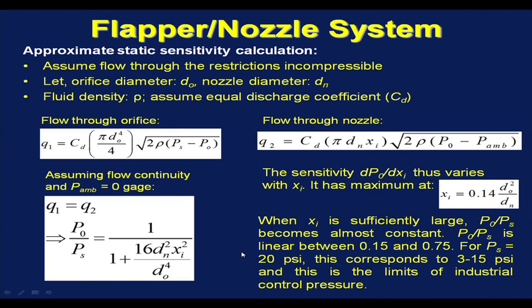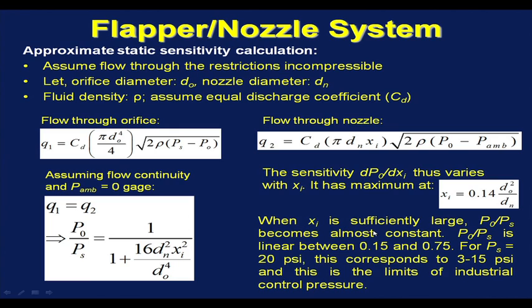So, the displacement sensitivity of the flapper nozzle system can be found from this equation as d by dXi of this part of the equation, and it can be seen that sensitivity has a maximum at Xi equal to 0.14 into Do square by Dn.